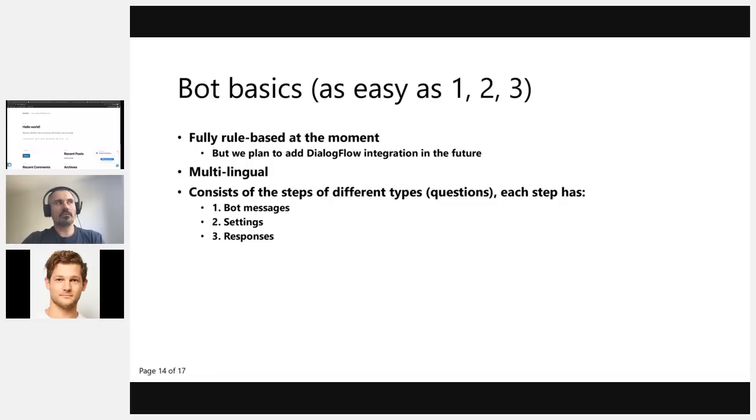So you can have the same rules within the conversation for every language you want to support. And the bot will detect the user language automatically, being on the website. But it's also possible to force the language if you need to, for example, to sync with the website language if you have that selected there.